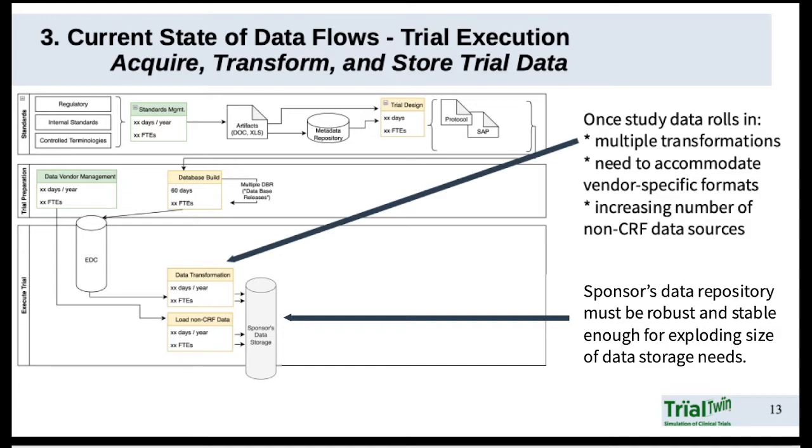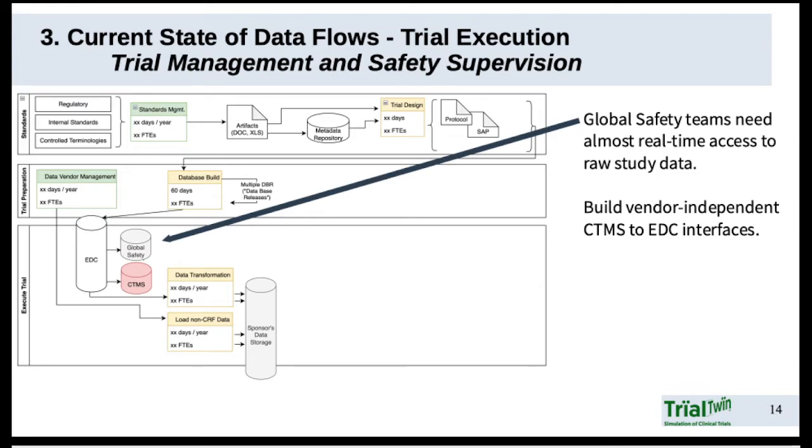Sometimes old technology may not be suitable for this tsunami of data coming in. Then the global safety teams need access to real-time data, and there is also the need to build vendor-independent CTMS to EDC interfaces. Again, part of the challenge here is these vendor-specific interfaces that can lead to a sponsor being locked into a specific tool vendor.